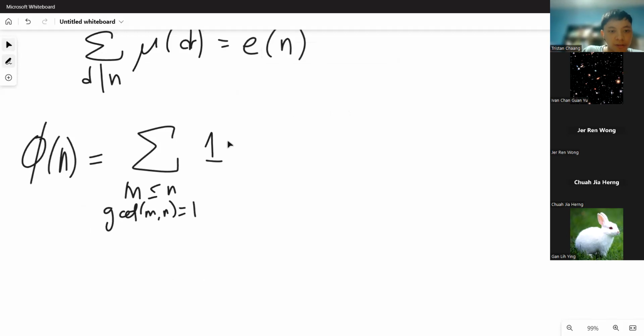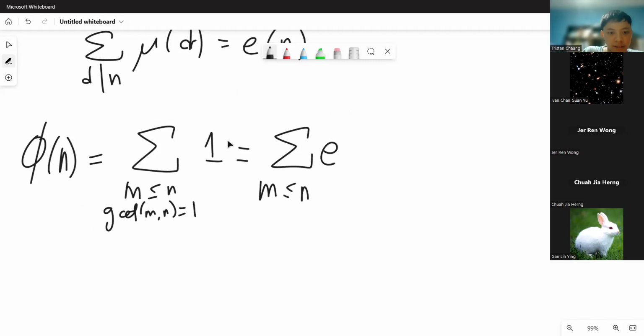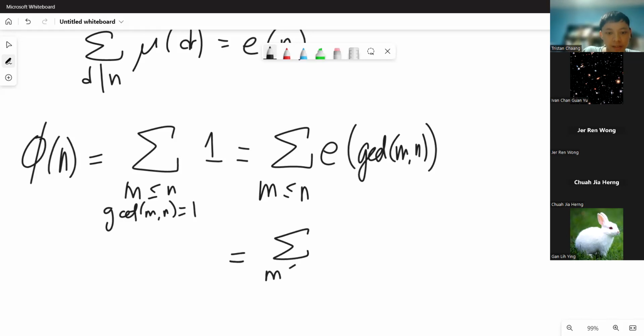Then notice that this is just the function e of GCD of m and n. So by the previous theorem, we can write this as the sum over d dividing GCD of m and n of mu d.